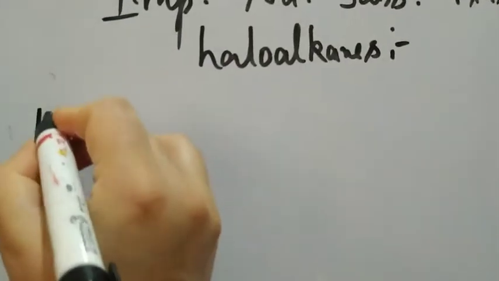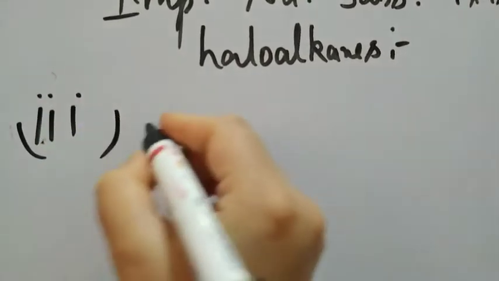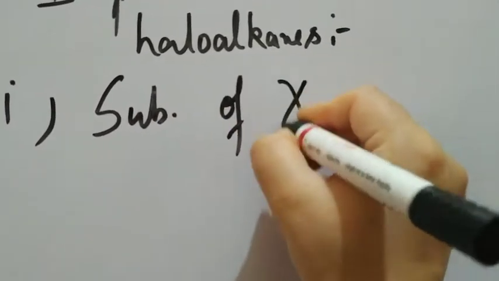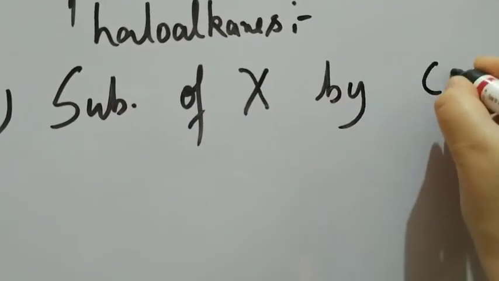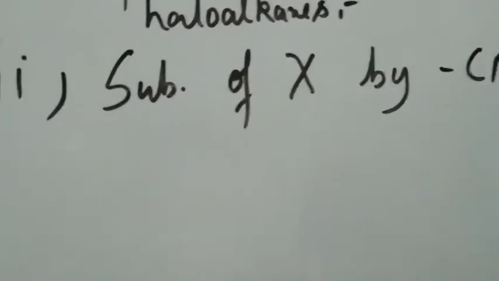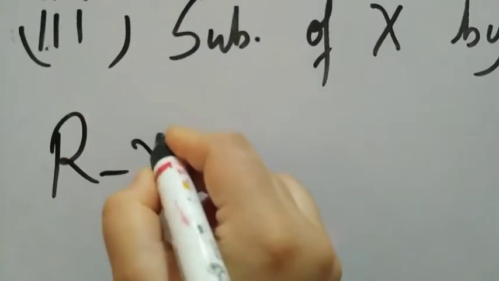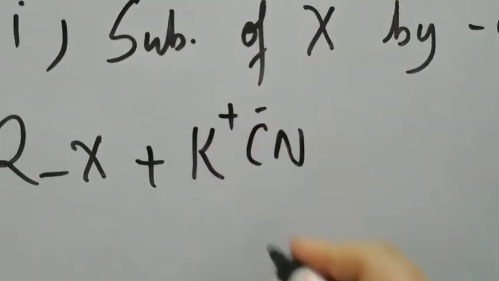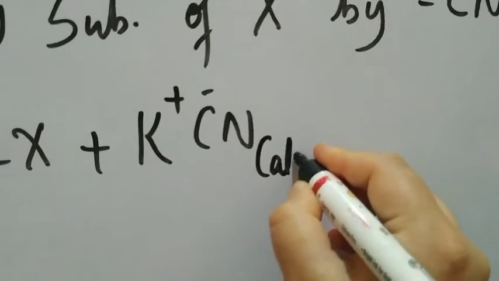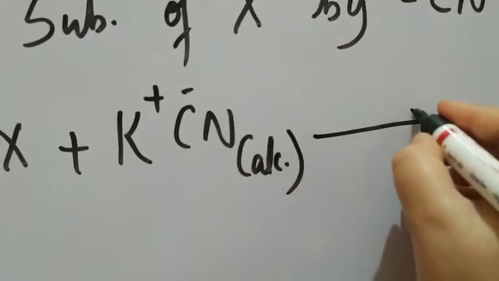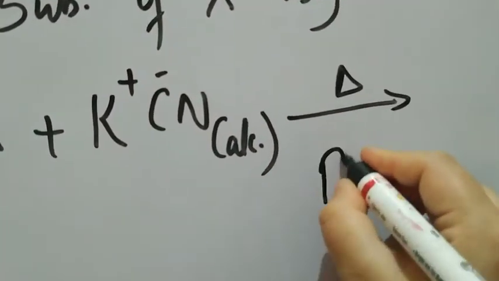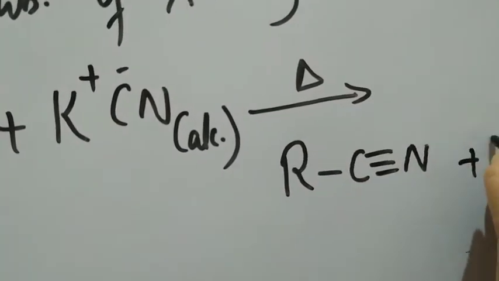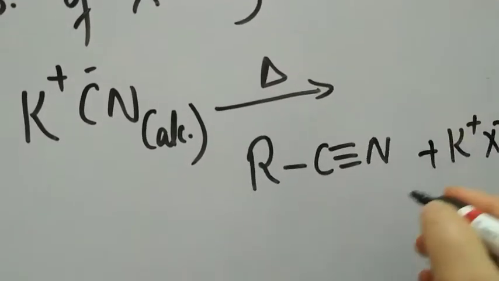The third possibility here is that we can substitute this X, substitution of X by CN, cyano group. If you do that, we have RX, and we can take any reagent containing that cyanide group. For example, KCN is taken in an alcoholic medium, and heating is done. We get R-C triple bond N plus K plus X minus as the byproduct.